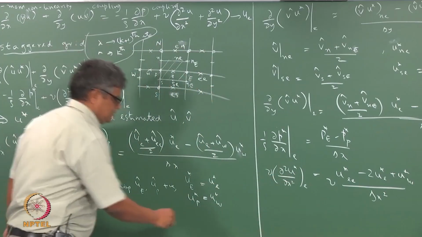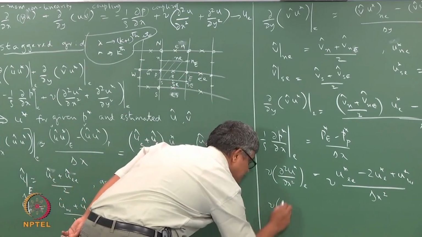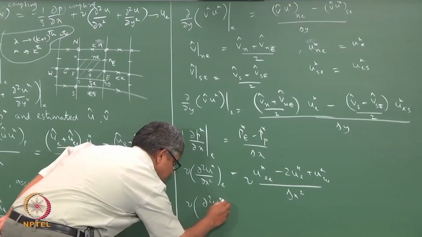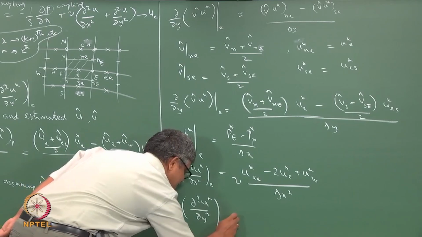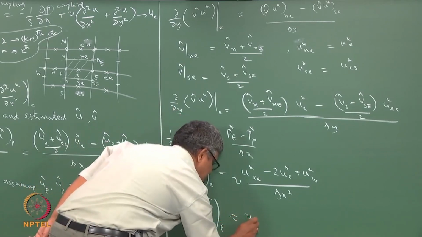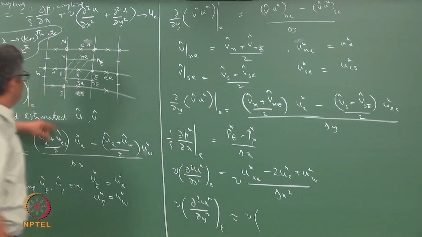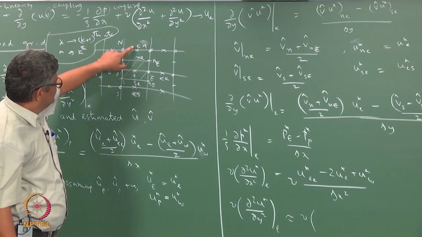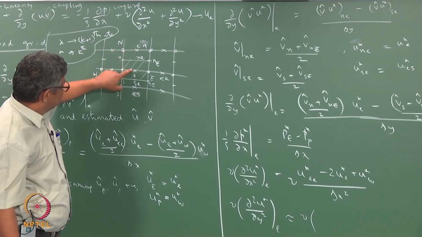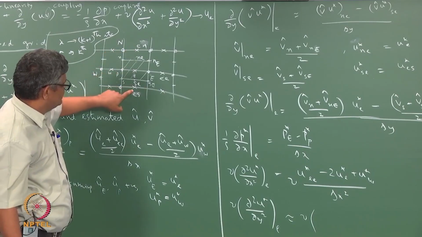Similarly, we can write nu times dou square u star by dou y square at E. In this particular case we have y variation, so we make use of this minus 2 times this plus this.